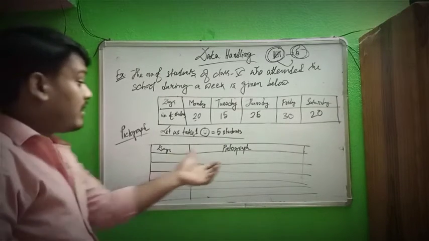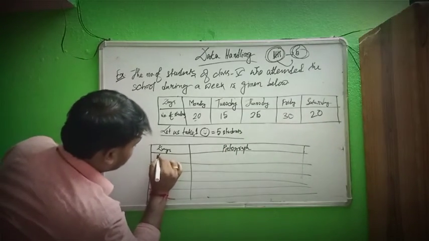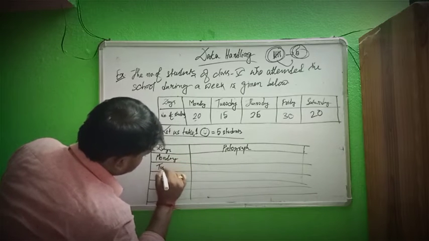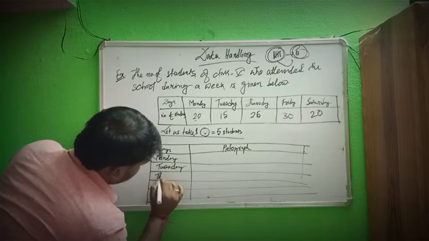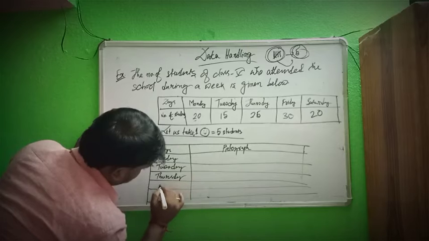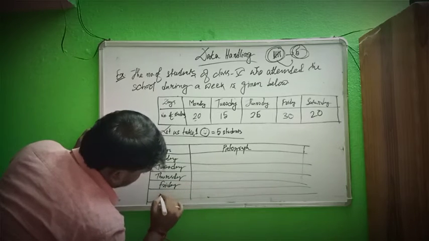So here days and here pictograph. The days are similar: Monday, Tuesday, and Wednesday is not there, Thursday, Friday, and Saturday.